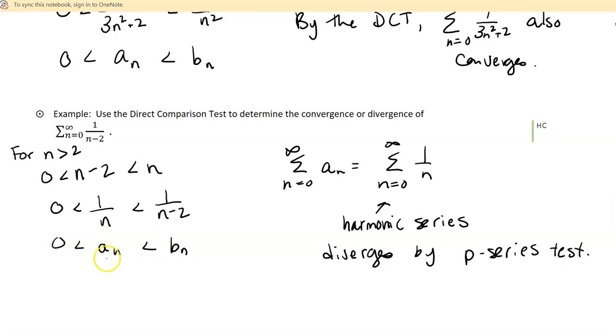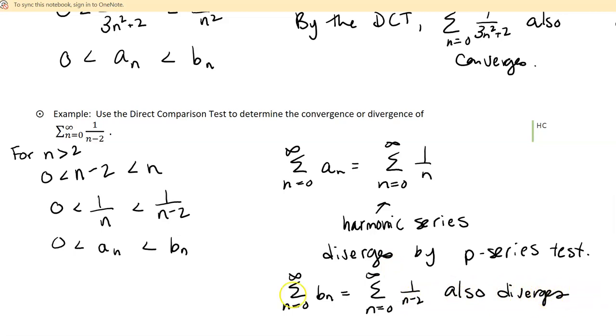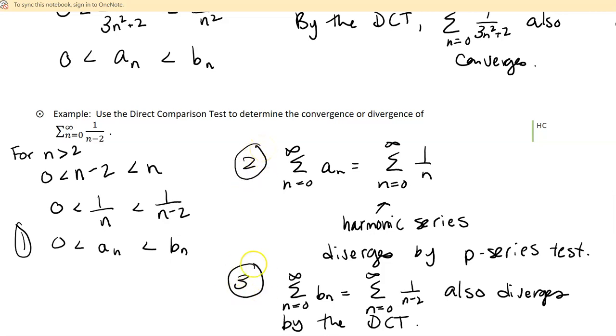And since I have a smaller series diverging, then the sum of the larger series, which is 1 over n minus 2, also diverges. And that's going to be by the direct comparison test. So you can see both versions of it. We have to verify that the smaller series diverges, and then we can make our conclusion.